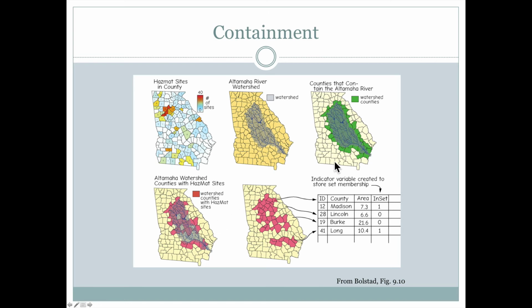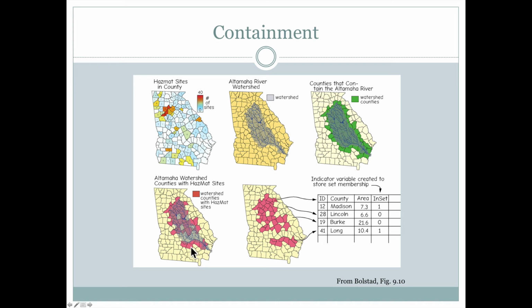Once we do that, we have all of these counties selected, and out of that subset, we're only going to select the counties that have at least one hazardous waste site associated with them, because that could still be a risk to the watershed and to the surface water. It may not be. For example, in this county here, if all the hazardous waste sites are outside of that little gray area, then it might not be an issue.